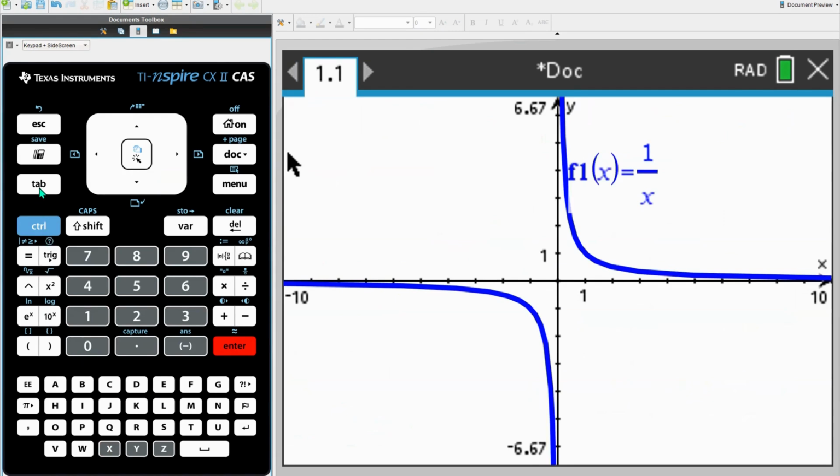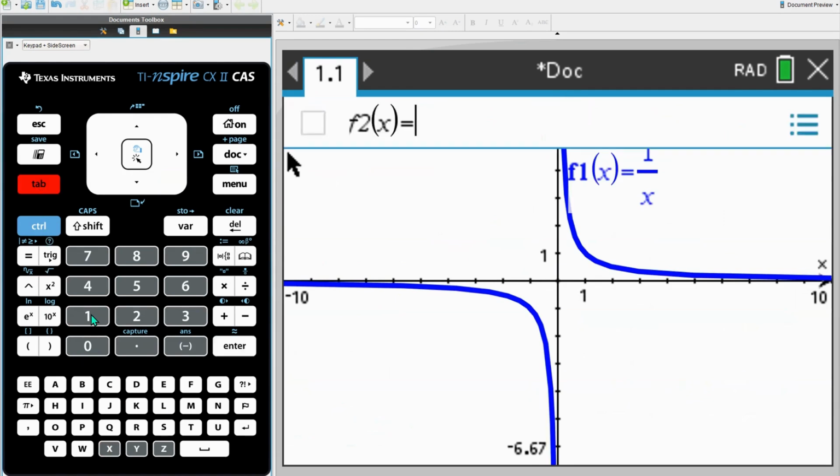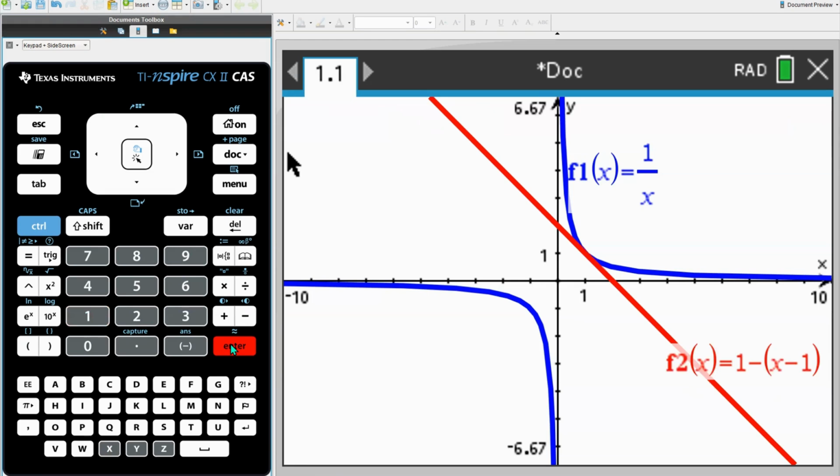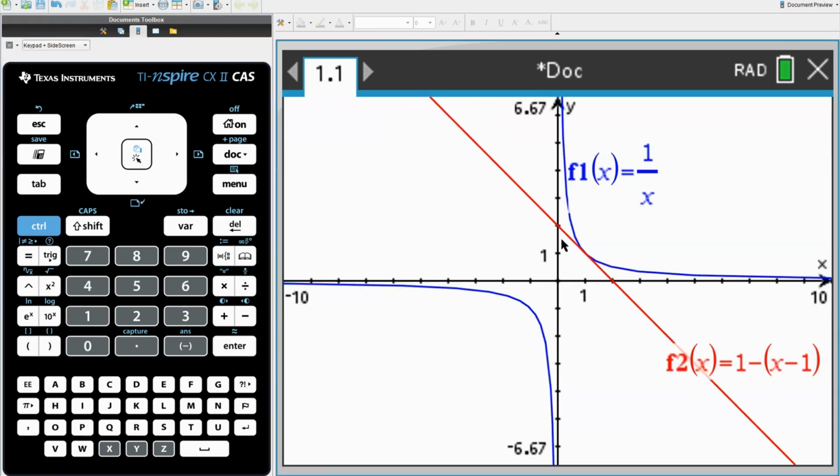And if I hit tab, I can put in another one. What do we say? 1 minus quantity x minus 1. And indeed, look at that, so beautiful. We can see the curve, and we can see how that tangent line just kisses the curve. Beautiful thing of beauty.